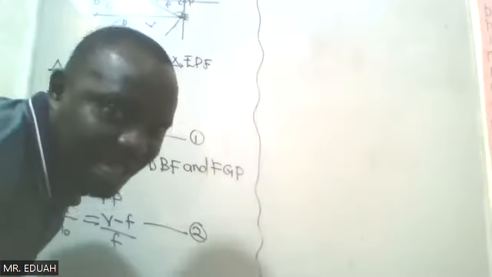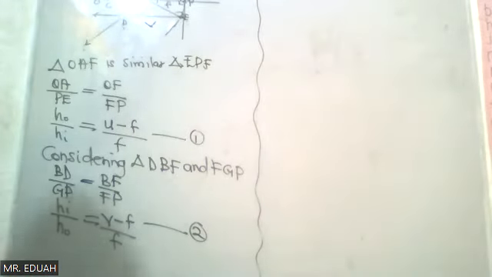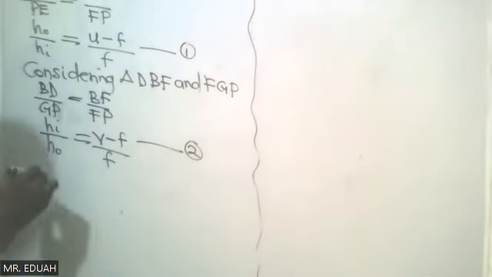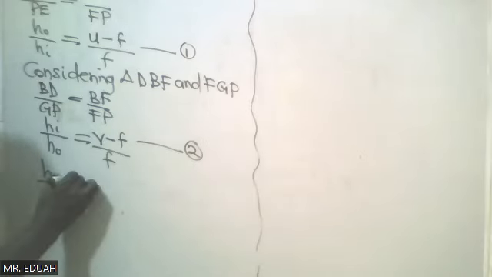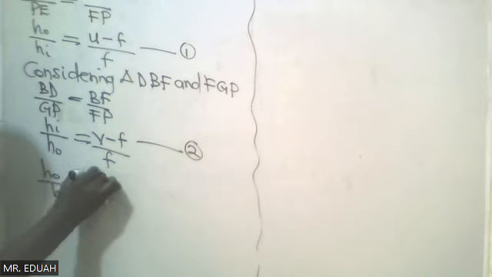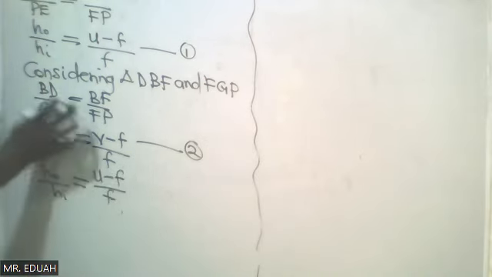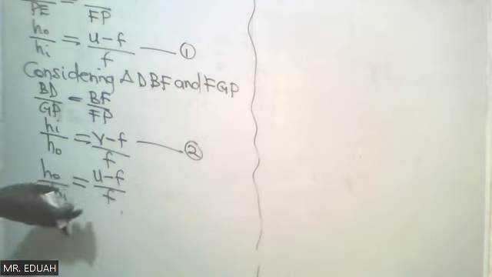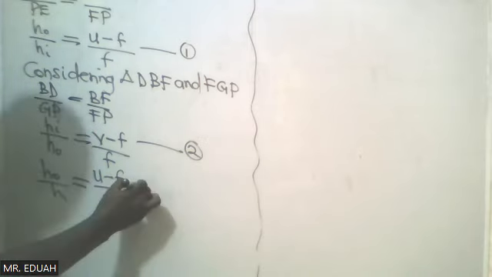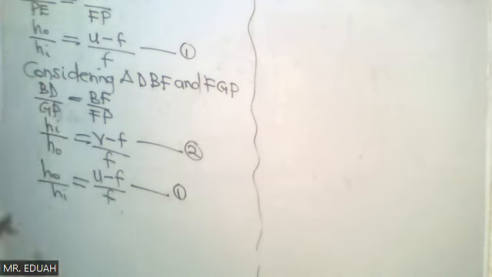So if that is the case, let's equate equation 1 to equation 2. Equation 1 is H naught over HI, which is equal to U minus F over F. And then equation 2 is this. We want to modify equation 1 to look like equation 2.